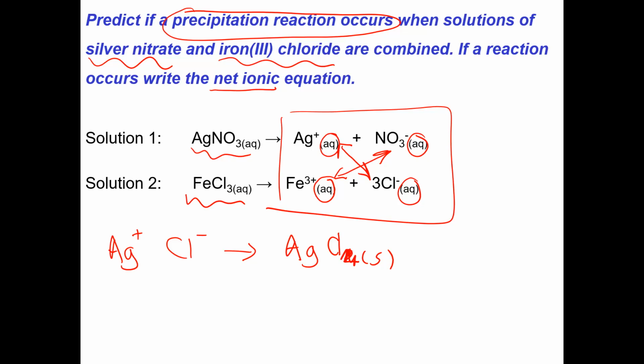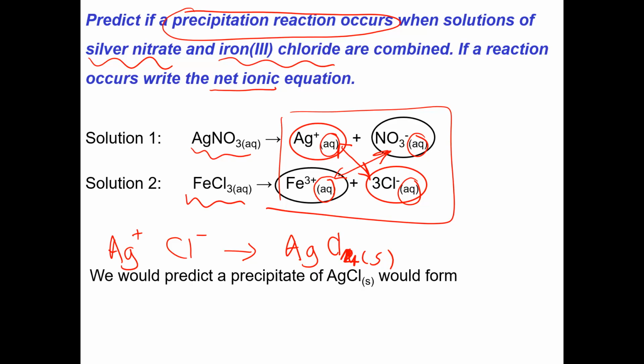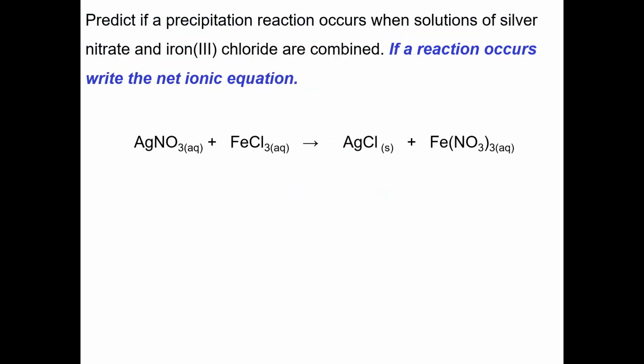So now we need to work our way towards the net ionic equation. We've got to the point where we've predicted that solid silver chloride will form. Let's now work up the equation. What we have to think about is we want to dissociate everything into the component ions.